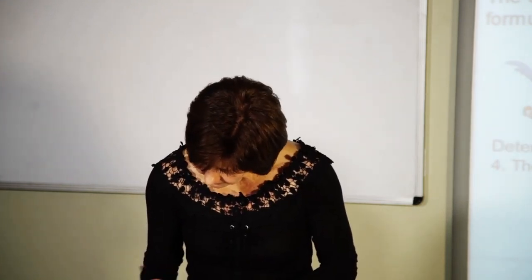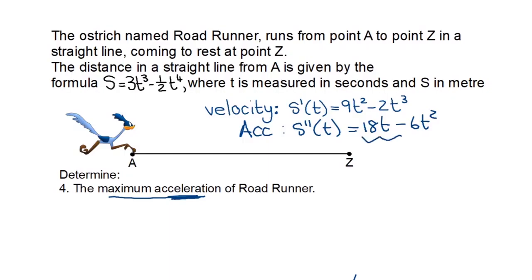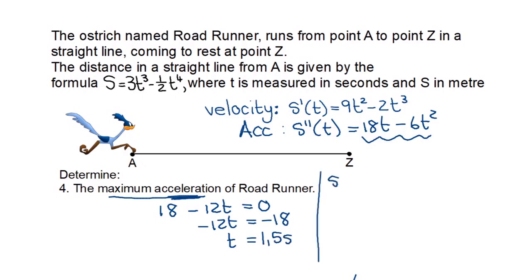So I take the derivative, which will be 18 minus 12t, and let it be equal to 0. So negative 12t will be equal to negative 18, and if I divide by negative 12 on both sides, I get 18 over 12, which is 3 over 2, which is 1.5 seconds.